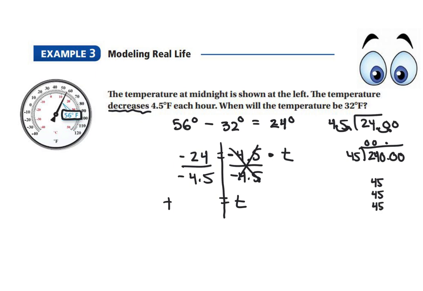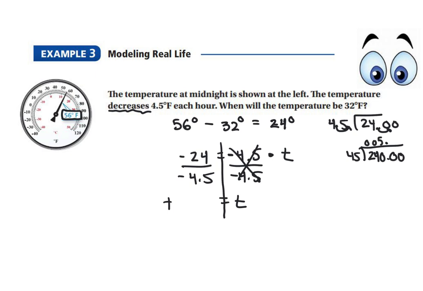Another 45 is 135. Another 45 is 180. And another 45 is 225. So now let's count. We skip counted 1, 2, 3, 4, 5 times. All right, so 5 is our solution.